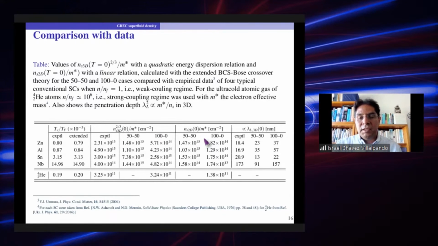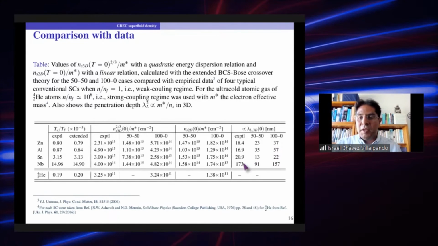But the 100 case is below the 50-50 case. But for the superfluid density in 2-dimensional systems, it seems that the 50-50 case is much better than the 3D system. This picture of the 2D system is more realistic, using the linear dispersion relation.